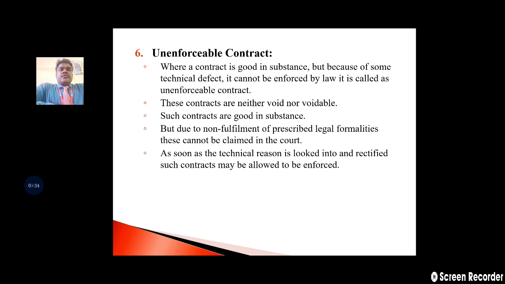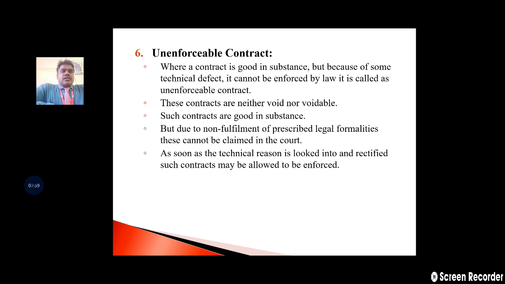Sixth one, unenforceable contract. Where a contract is good in substance, but because of some technical default it cannot be enforced by law, it is called an unenforceable contract. These contracts are neither void nor voidable.